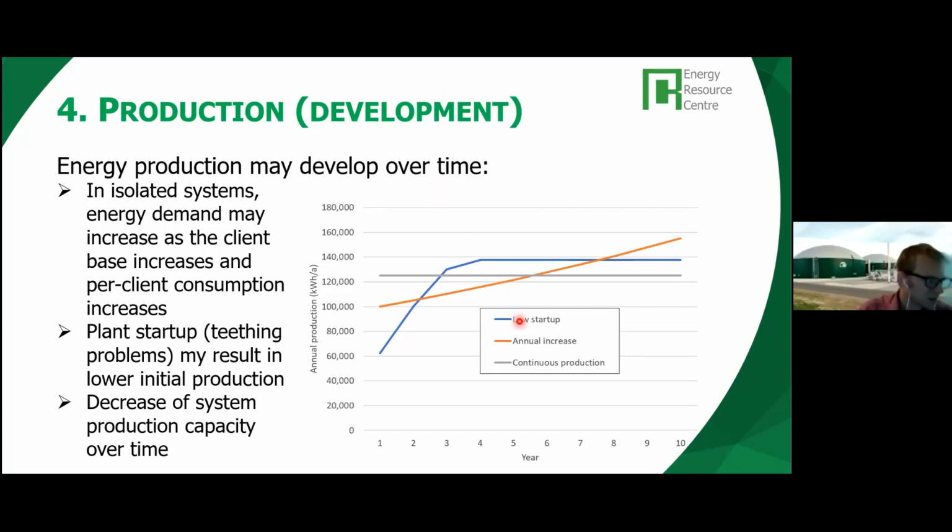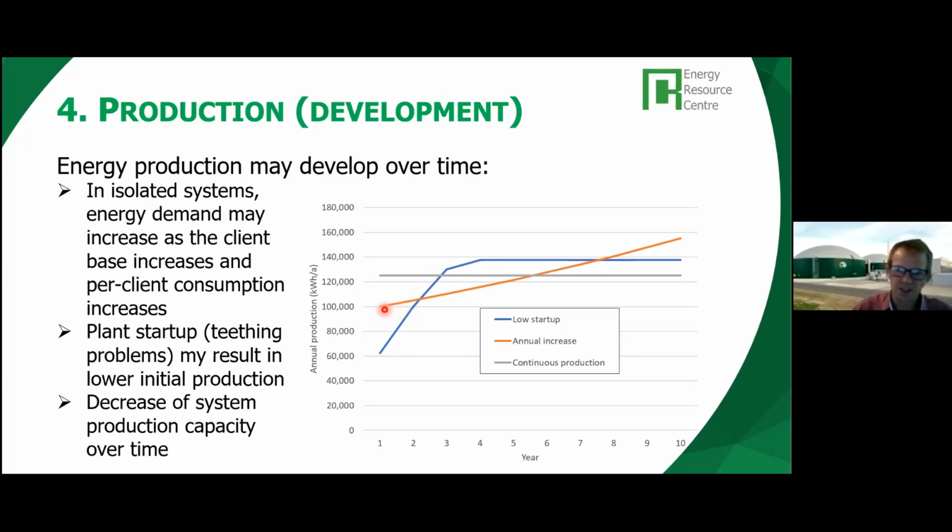We see the figure here, showing three demand development scenarios. We have the low startup scenario, that's the blue line, where, like explained, in the first year you have some reduced plant output, and after that you will have a continuous production output.